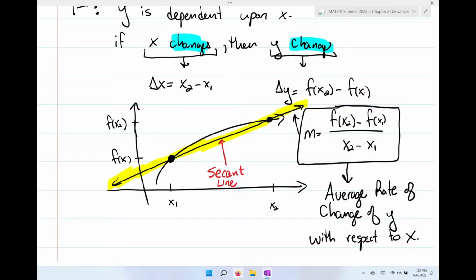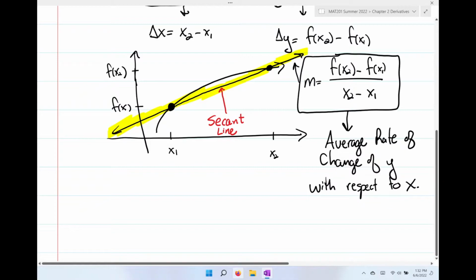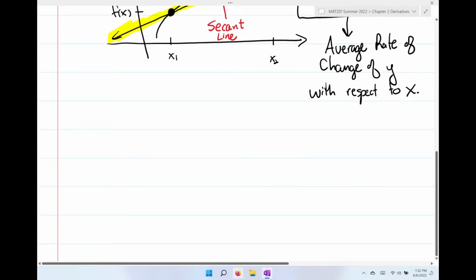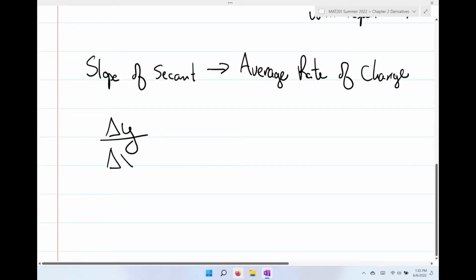Now, sometimes we write the slope of our secant line, which is our average rate of change, as such. The change in y over the change in x is going to be equal to f of x2 minus f of x1 all over x2 minus x1.